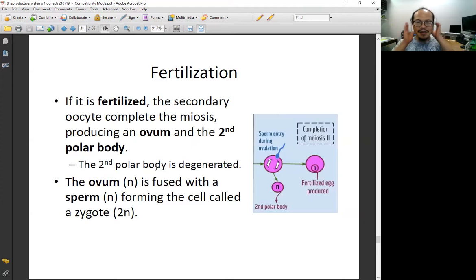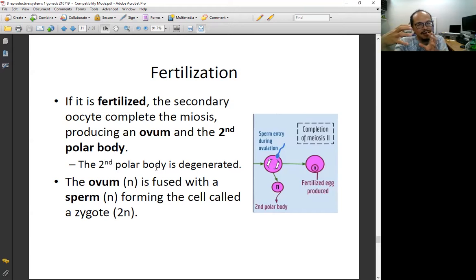If there is a fertilization, then the secondary oocyte will complete its stage 2 meiosis to form the ovum. The ovum is the final form of this oocyte that finally has only n rather than n times 2.